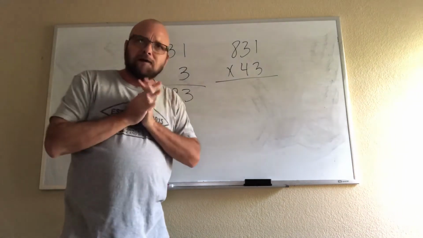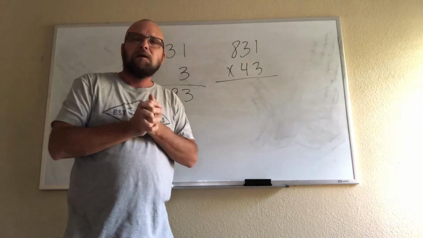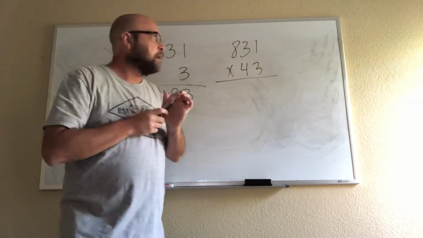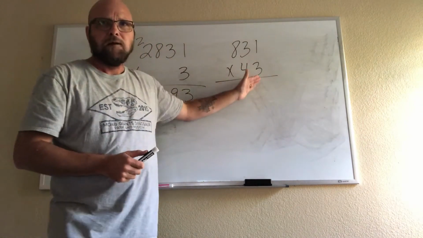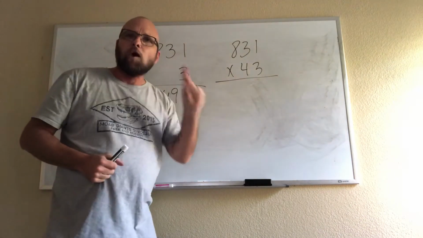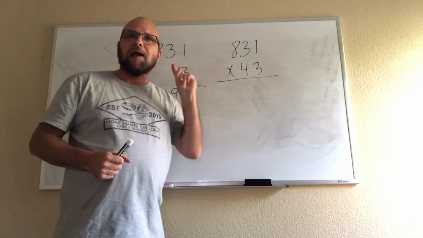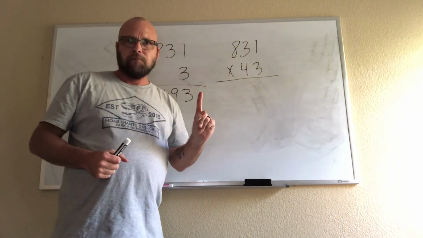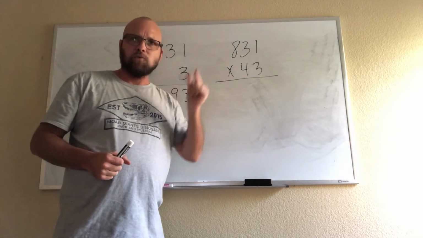You do not have to do anything different with this problem than you did with this as far as the multiplication. You're doing one digit at a time. You're only multiplying one digit times one digit.